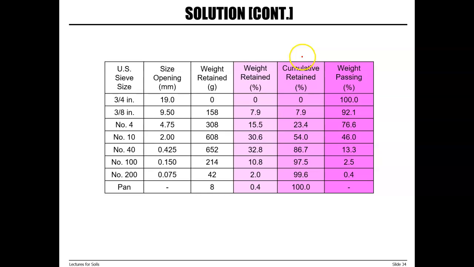Now that we have cumulative retained, the last step is to calculate percentage passing. We have total material retained on each sieve in percentage. We need to calculate total material passing, which is 100 minus cumulative retained.